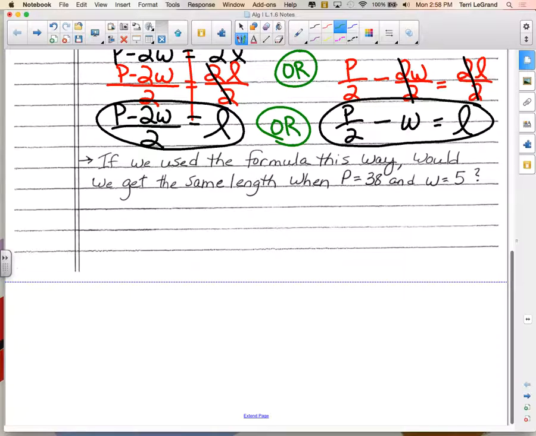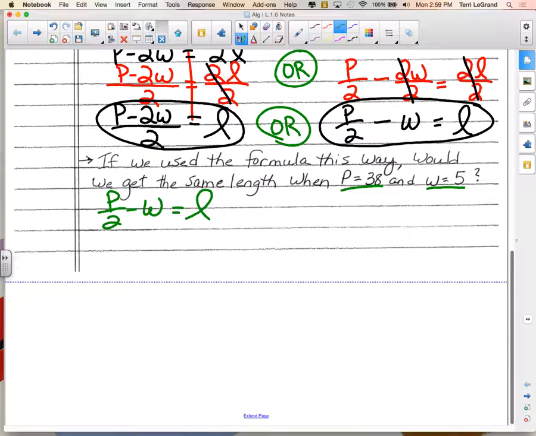Let's use it now as one of these names, okay? Which one should we use? Second one, first one? I like the second one. Okay, let's use that one. P over 2, take away W equals L. We're just going to try it now and see if, remember, when P equals 38 and W equals 5, what should we get for L?